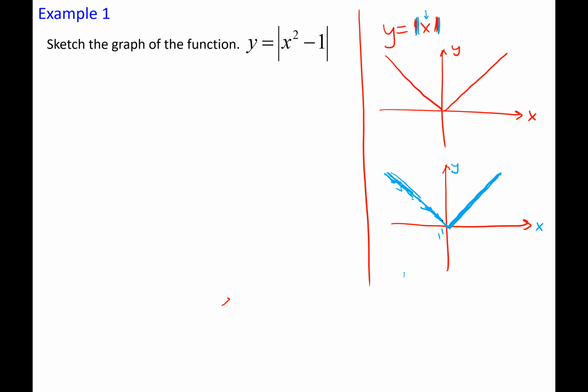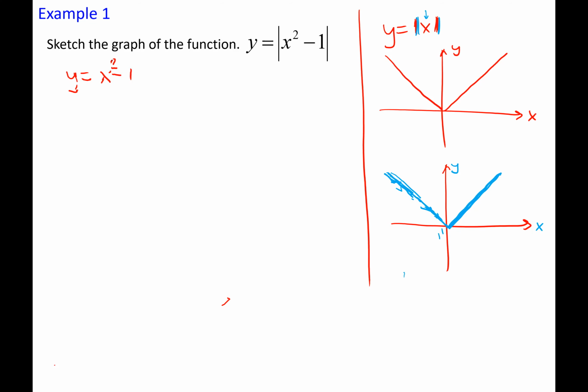Now, let's use the same idea and sketch that graph. First of all, I will do x squared minus 1.